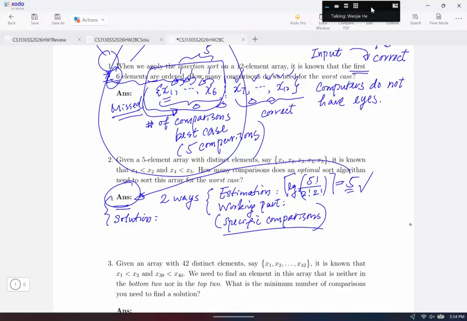Answer type questions. But for solution type, the working details matter. So I need to look at your working details. Matter. So even if your answer is correct, but your solution details are incorrect, I only give you 1 point.